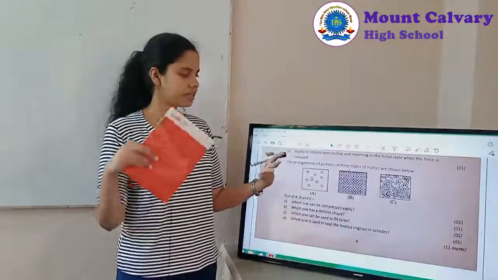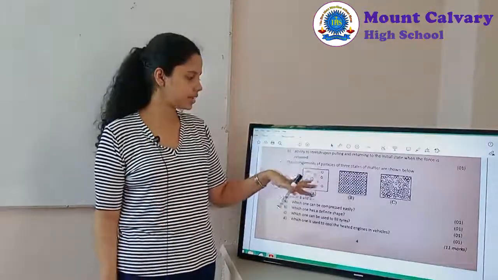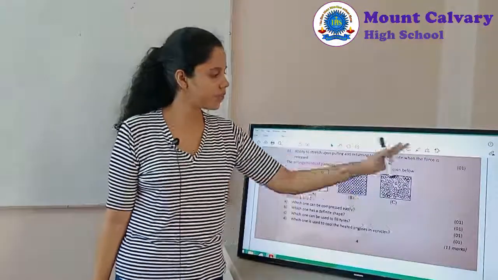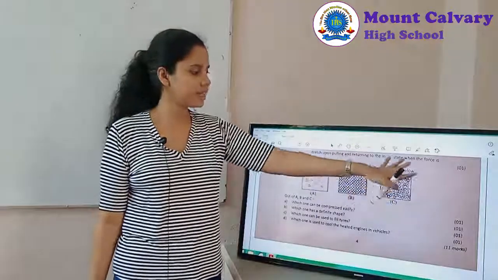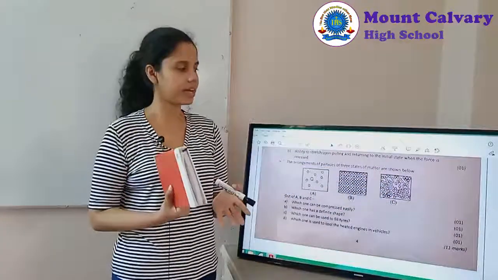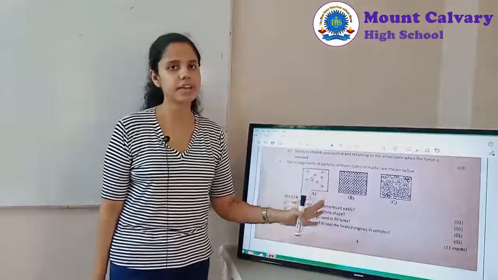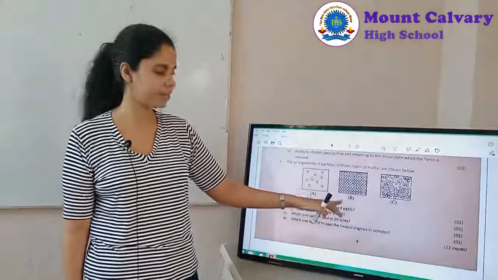If you fill gas into an object, you can see it will take the shape of that object. If you fill water into an object or a basket, you will find that it will take the shape of that basket or the object, right? But when you take solid, you cannot change the shape of it. That means it has a definite shape.